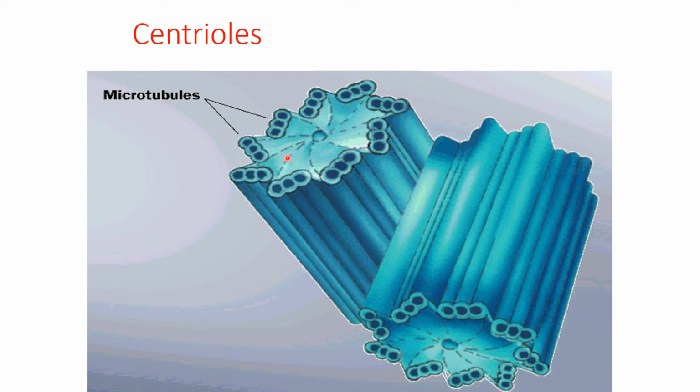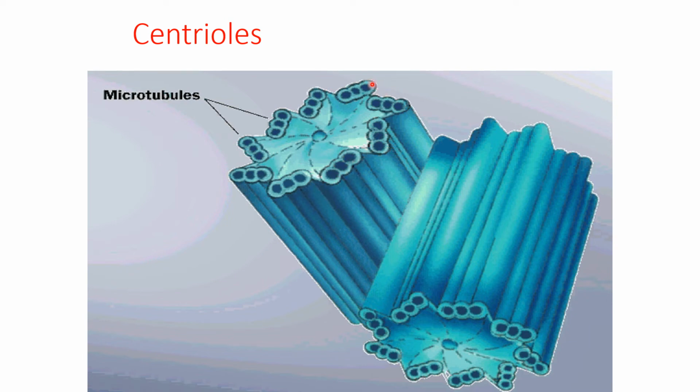Here is one pair of centrioles. This is one centriole and this is another centriole. So this one pair of centrioles is cylindrical in structure, formed of well-formed microtubules. Here, three microtubules together form triplets.